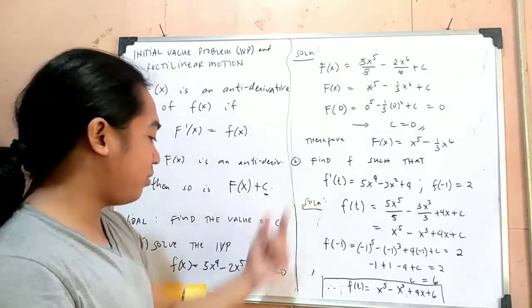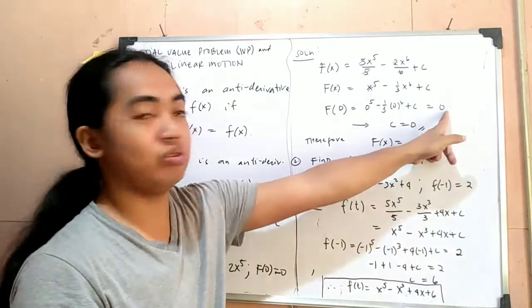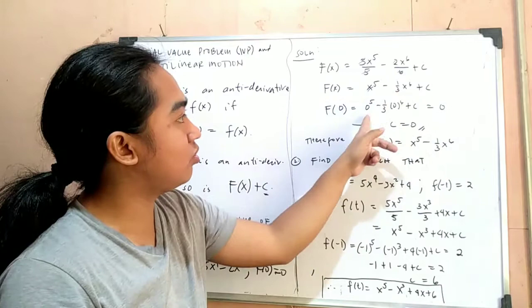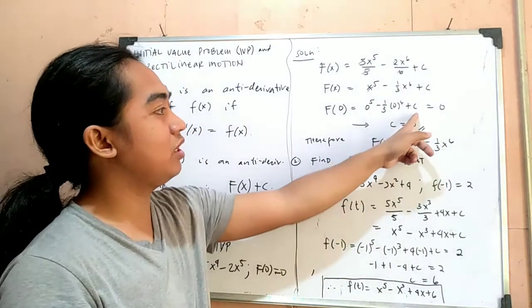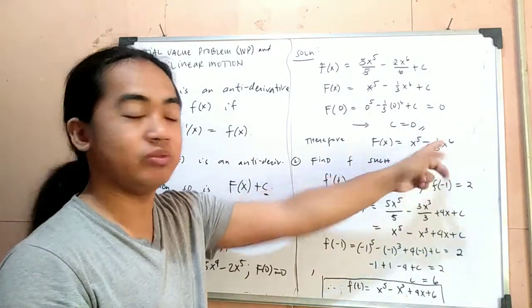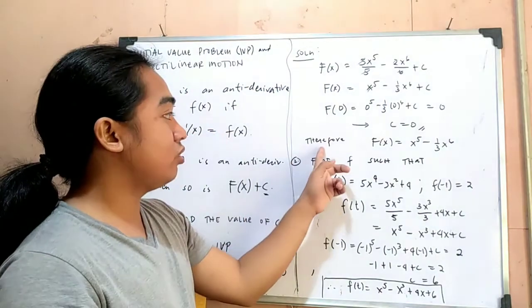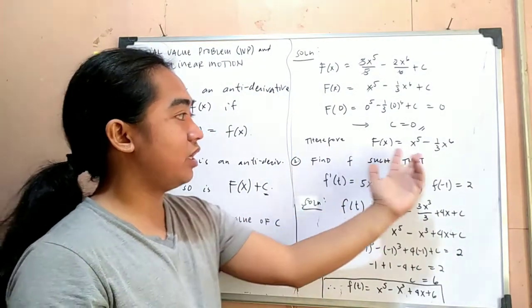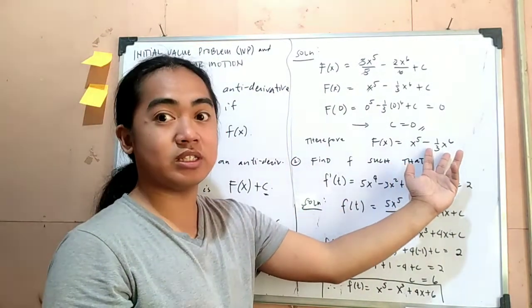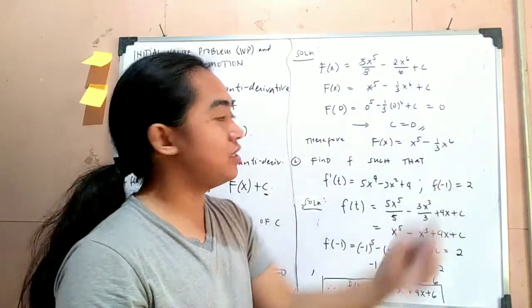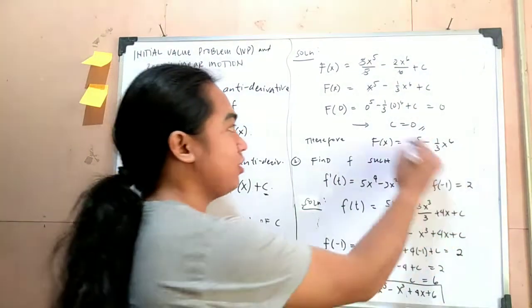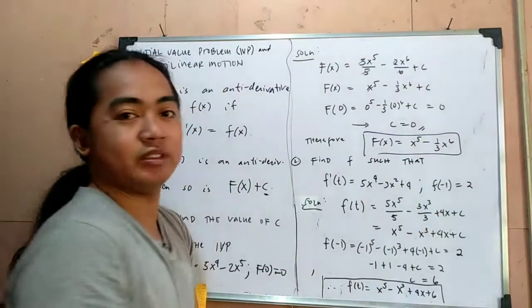Yung initial condition is F of 0 equals 0. Pero pag pinasok natin yung 0, yun lang yung mangyayari, so we'll get c is equal to 0. And therefore, yung particular solution natin na capital F of x is x to the 5th minus 1/3 x to the 6th. Kasi nga, yung plus c natin, plus 0 lang siya. Okay, so ito na yung final answer natin.